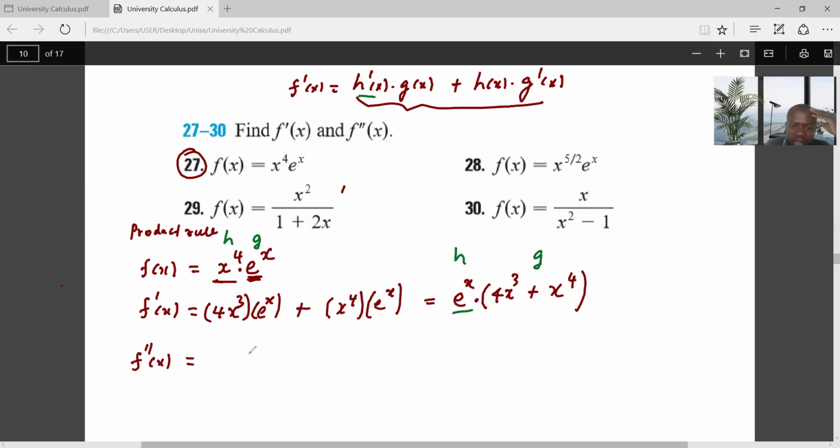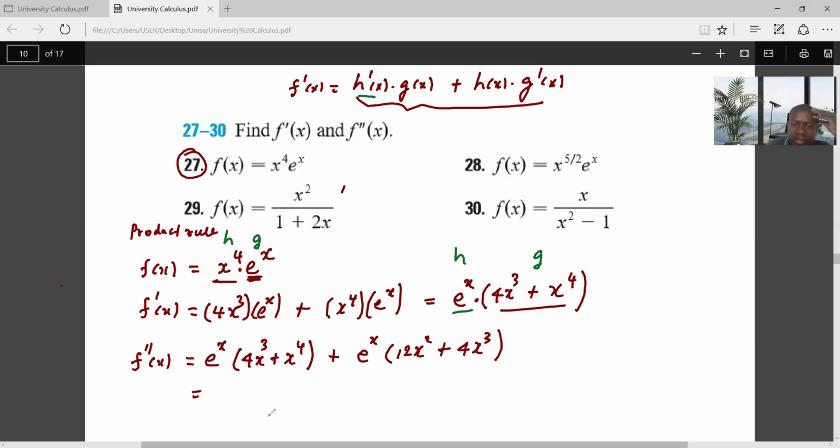Then we leave the second one, 4x cubic plus x to the power 4, plus, we leave the first one and differentiate this. If we differentiate this, it will be 12x squared plus 4x cubic.